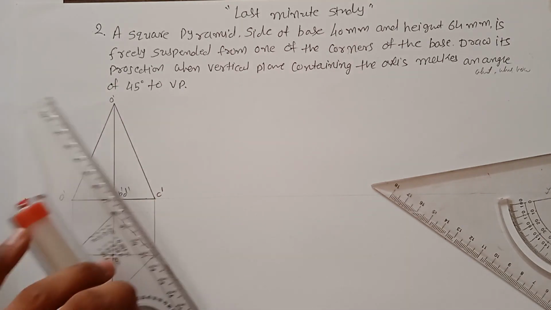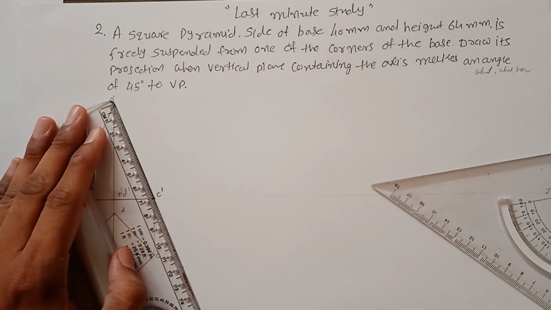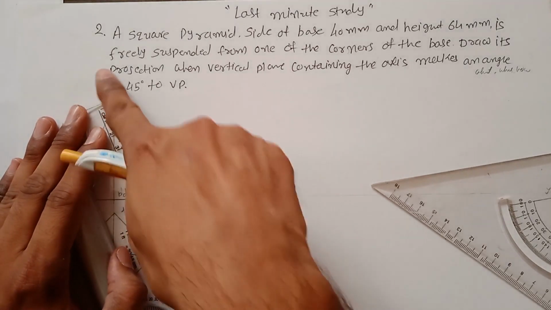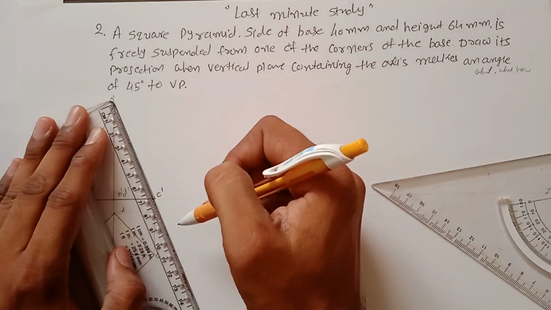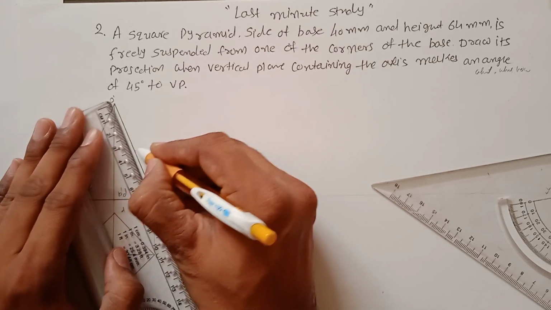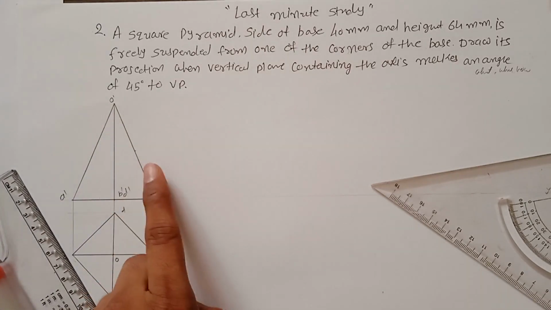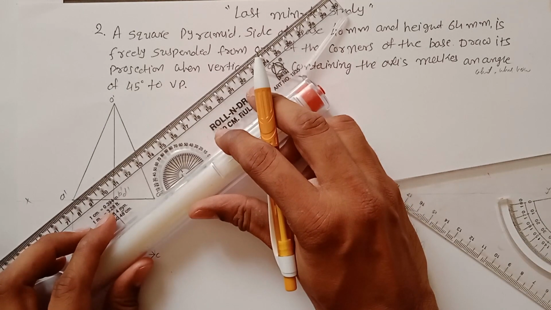To find the CG point, you have to find the midpoint of this generator. The midpoint of this 7 centimeter long line is, let's say, 3.5. So this is the midpoint, and join it with that corner.